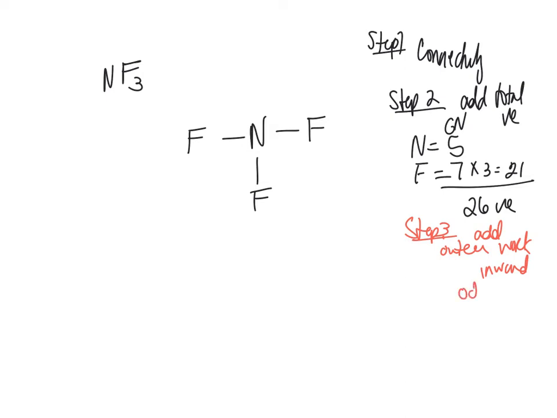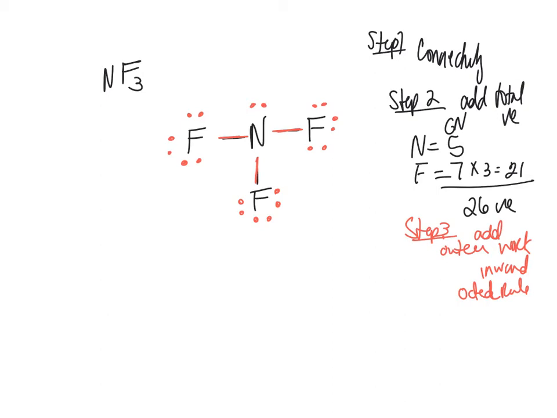And we have to make sure they get the octet rule. Okay, so fluorine has 1, 2, 3, 4, 5, 6, 7, 8, 9, 10, 11, 12, 13, 14, 15, 16, 17, 18, 19, 20, 21, 22, 23, 24, 25, 26.